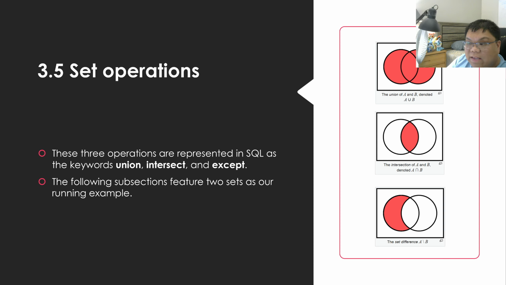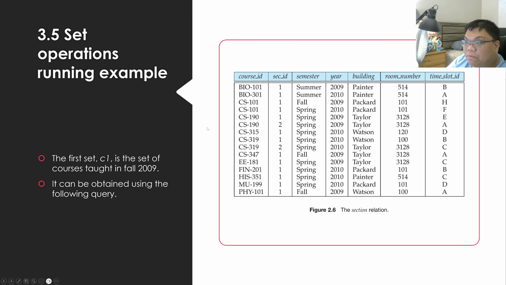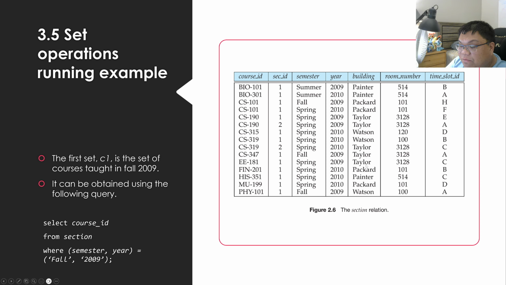For this section, we are gonna have the following running example. We have the section relation. So these are all the class sections in our university example. C1 is the set of all classes taught in fall 2009, which we can obtain using this query. So I said we were gonna use this section table.